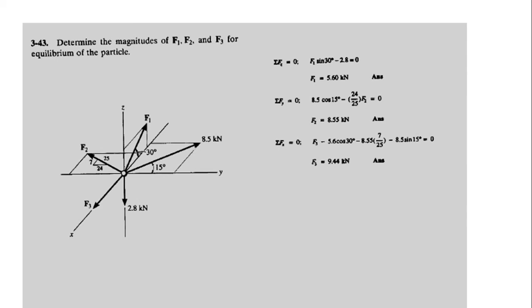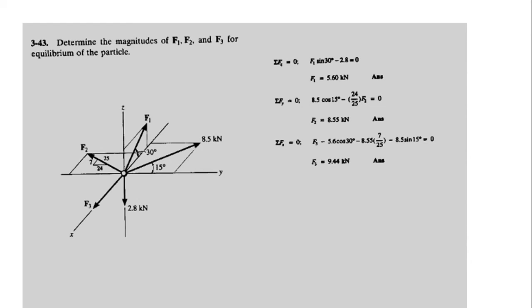Then there is the F1 force, which is lying in the x-z plane. Then there is another force, 8.5 kN, which is lying in the x-y plane. So how will you solve it? You need to determine the magnitudes of these forces F1, F2 and F3.